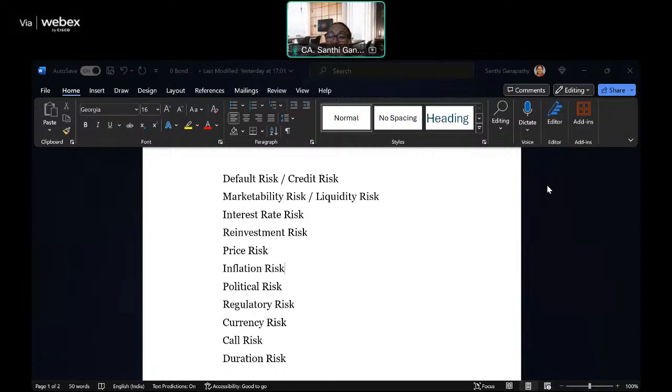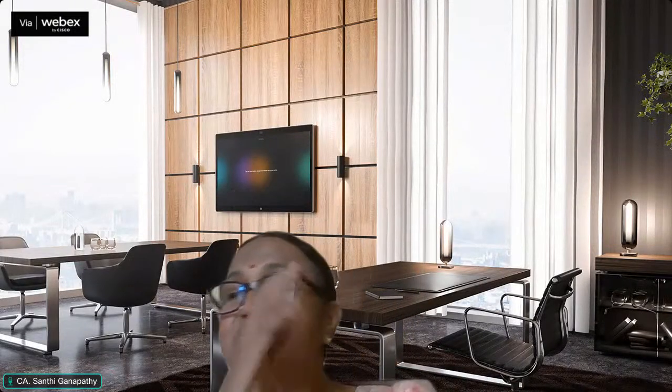And the default risk arises because of three things. What are those three things? One, the business risk. That is, based on the very nature of the business, certain businesses and industries are more risky.